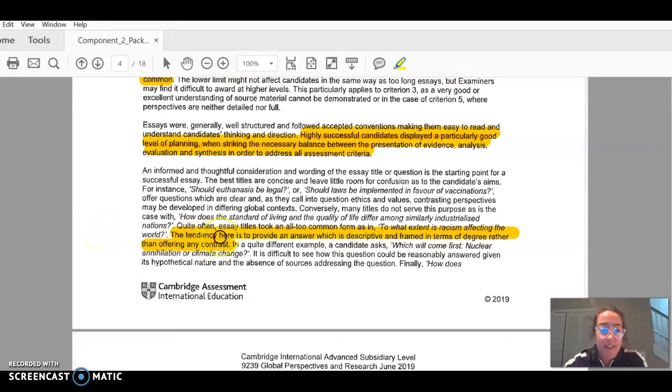This is an idea that I hit home all the time, especially with my A-level this week. But depending on the way you structure your question, and I've told you guys this a couple times too, one good way of structuring your question will lead to analysis, but a poor way of structuring your question will lead to only description. So when you think about how or what questions, you can answer a how question in one sentence.